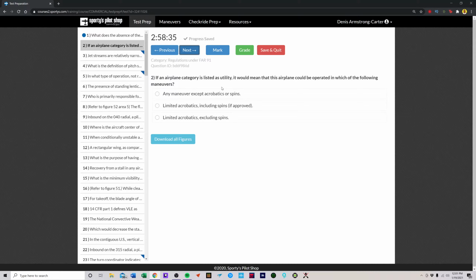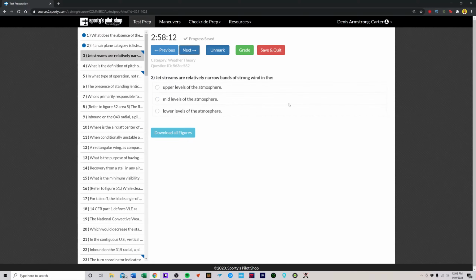Utility to me sounds like normal category. Limited acrobatics, including spins. I would say limited acrobatics excluding spins. I would say that utility, they don't allow you to do spins, because when I fly the GA aircraft, I don't do spins. So I'm going to say that.